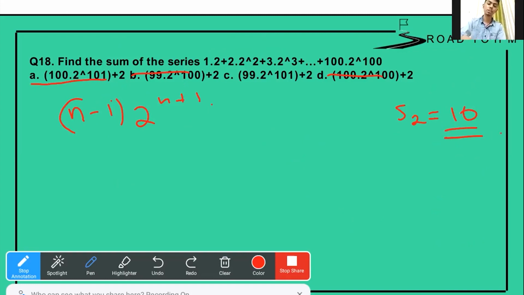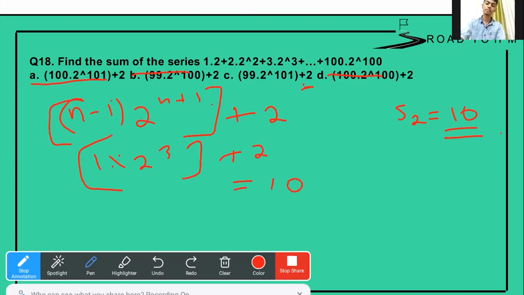Let's substitute 2 in this equation. n minus 1 is 1 in this case, because n is equal to 2. 1 multiplied by 2 to the power 3, and don't forget the plus 2 over here: 8 plus 2 is 10. It works. So option C is the answer.